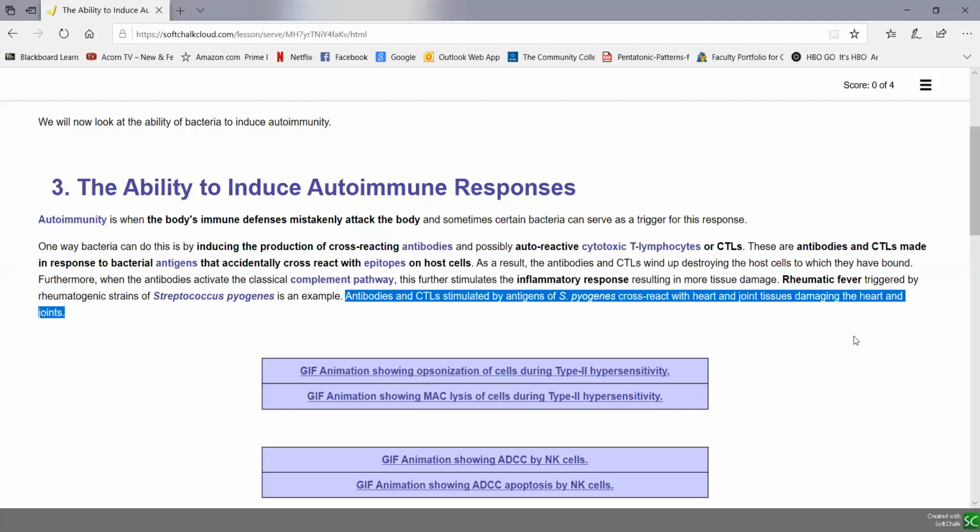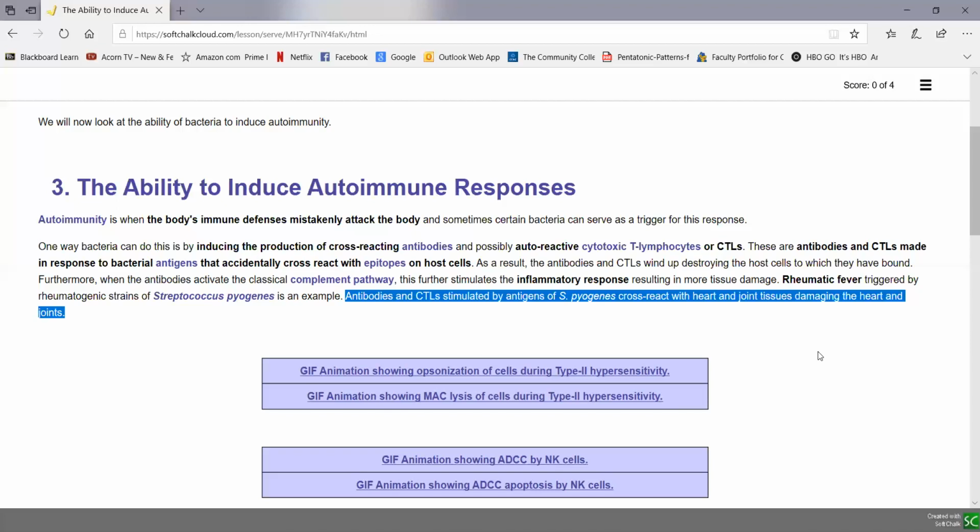The rheuma in rheumatic fever refers to the rheumatism or joint damage, but a greater damage is damage to the heart valves. And prior to days of antibiotics, about 15% of people who got strep throat wound up getting rheumatic fever, and some of those developed rheumatic heart disease.